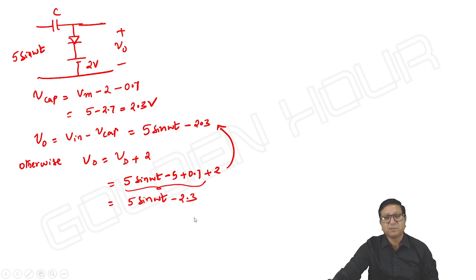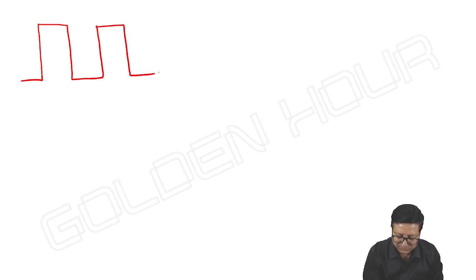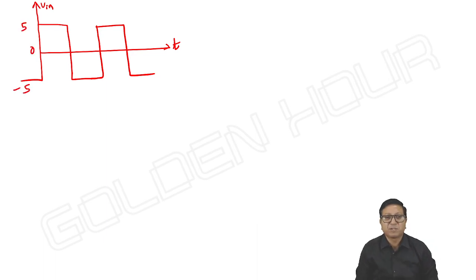If the input is a square wave, then what happens? I am taking a square wave input. For example, it has a peak to peak amplitude of 10 volts, with period T, and T by 2.